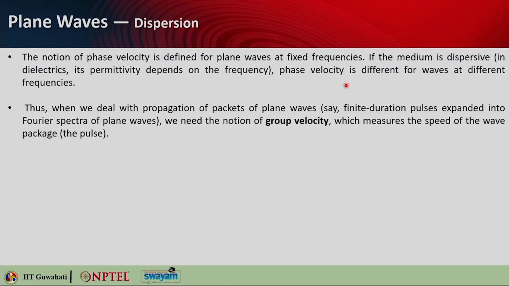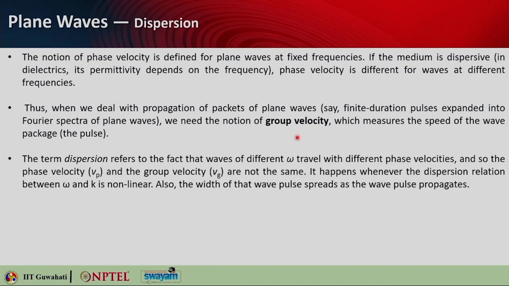Because a different frequency will have a different phase velocity, right? When we deal with the propagation of packets of plane waves, that means finite-duration pulses, and convert it into Fourier spectra of plane waves, you will see that different frequency components are present. So we need the concept of group velocity to measure the average speed, you can say, of that particular packet or pulse.